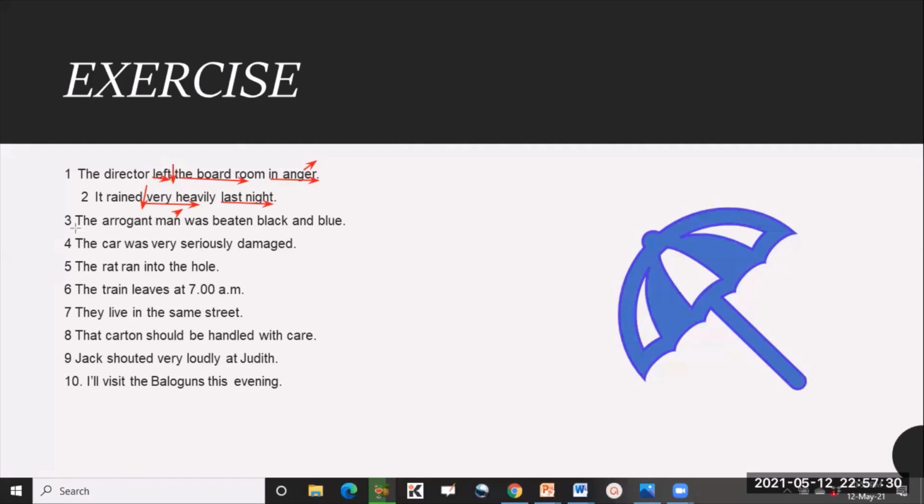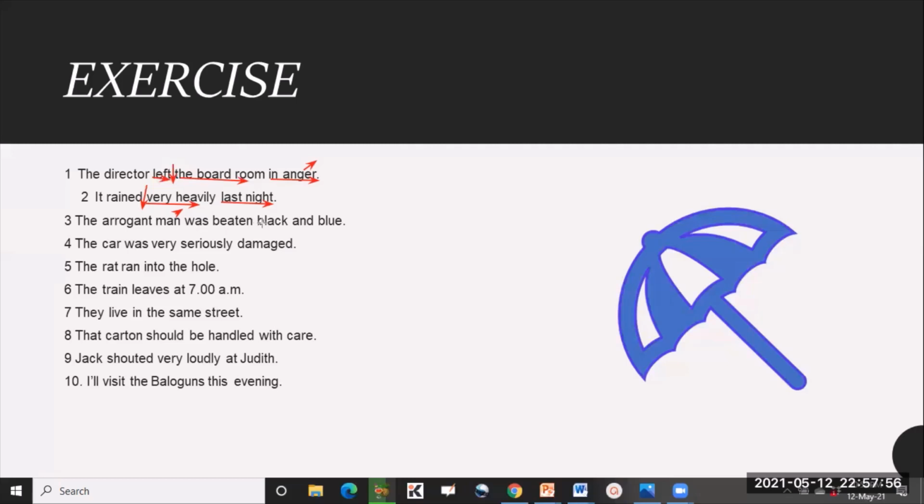All right. So number 3, the arrogant man was beaten black and blue. Again, you discover that a prepositional phrase is not glaring here. So we may not identify a prepositional phrase even though we are asked to identify one.